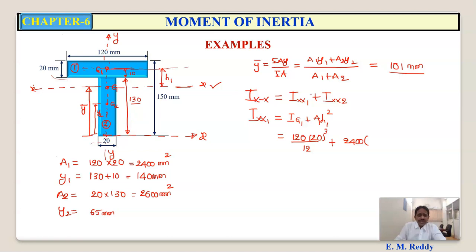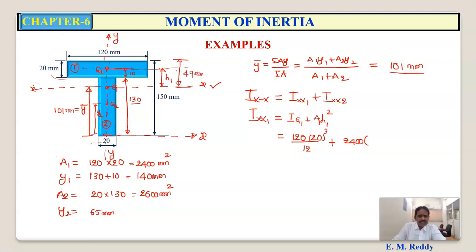We know that Y bar is 101, right? So this is 101 millimeter. So the total height is 150. 150 minus 101. How much is this? That will be 49.